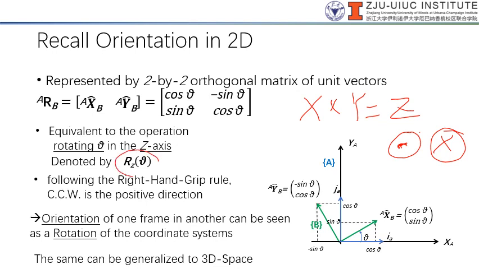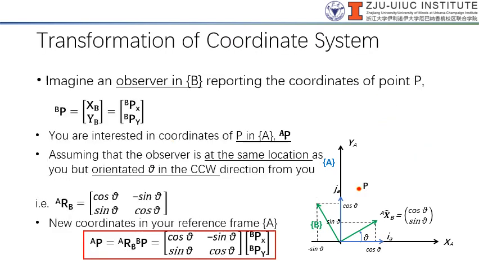So we denote this operation as R sub z with the parameter theta, that is the magnitude of rotation, and z is the direction of rotation. And so your orientation is nothing but a rotation of the coordinate system. So this part is important to remember.